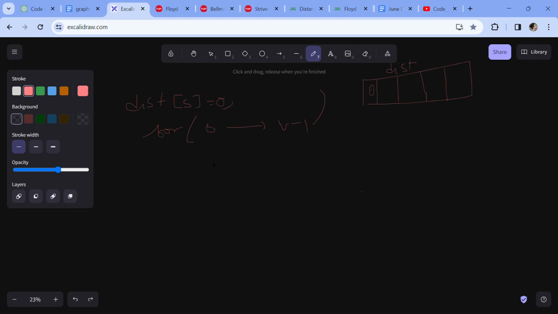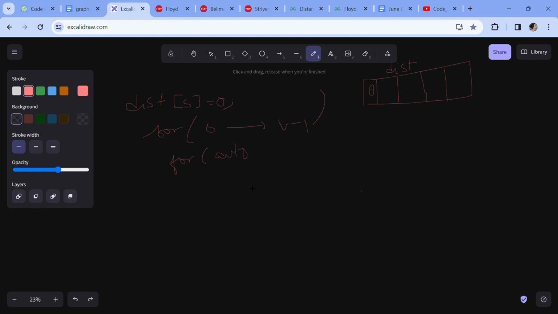We have the given input in a matrix, so we will access each row of the matrix.